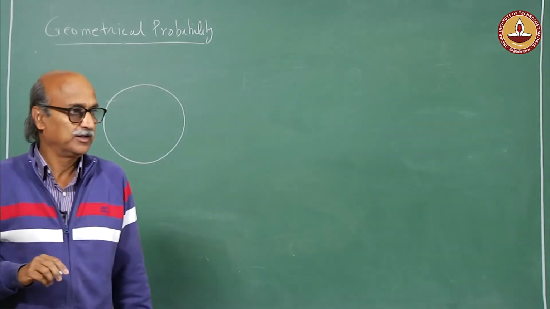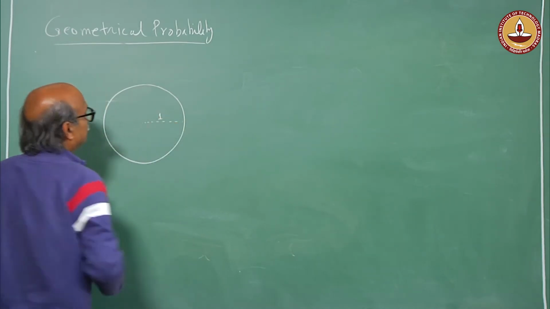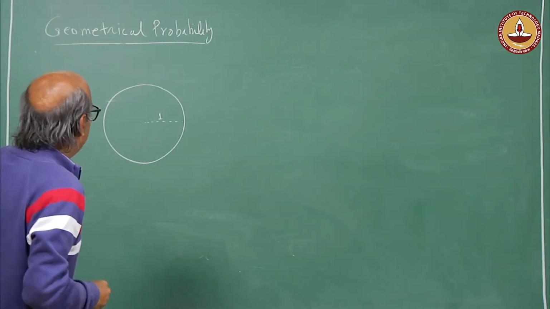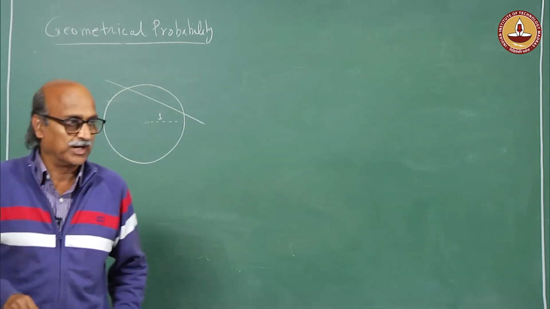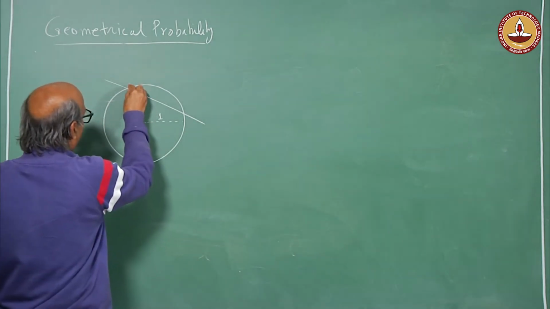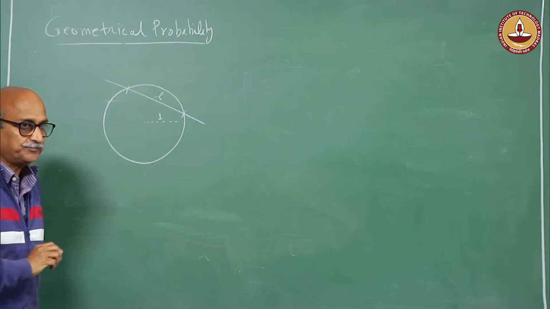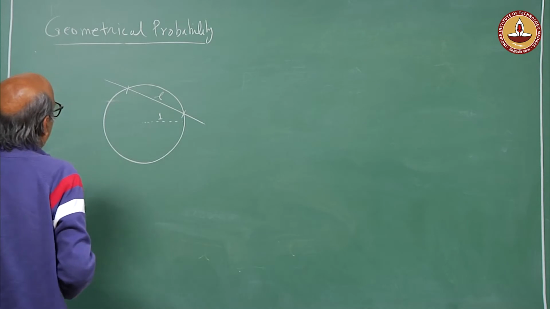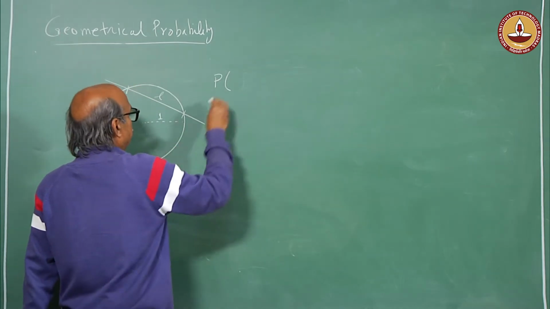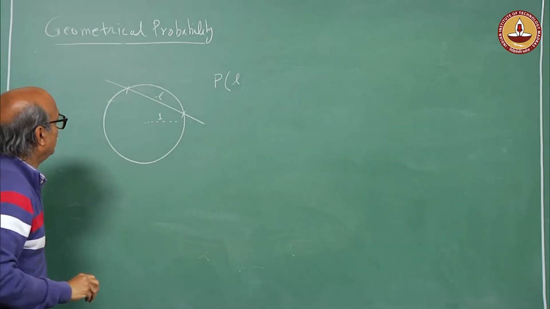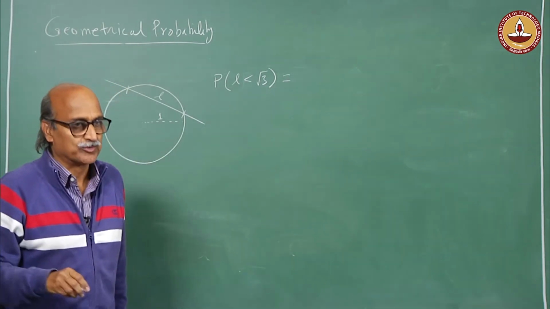Suppose I have a circle of, let us say, unit radius, and this circle is intersected by a random line forming a random chord of length L. What is the probability that this random chord length would be less than square root of 3?